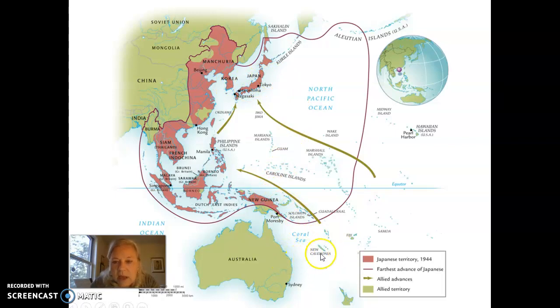The green is the Allied territory. Of course, here's Pearl Harbor and Hawaii, Midway Islands. These would end up being really important in the U.S. victory over Japan. Okay, next up.